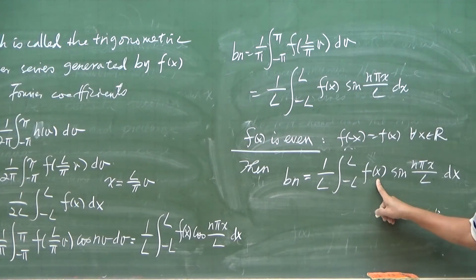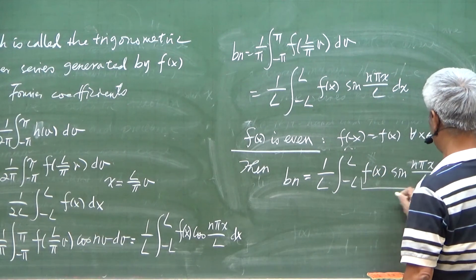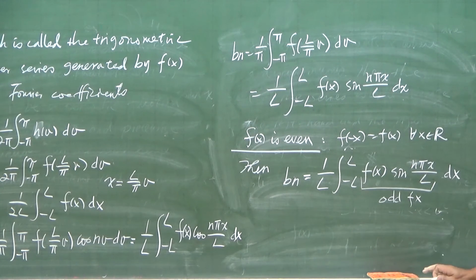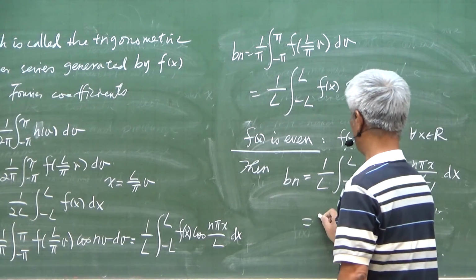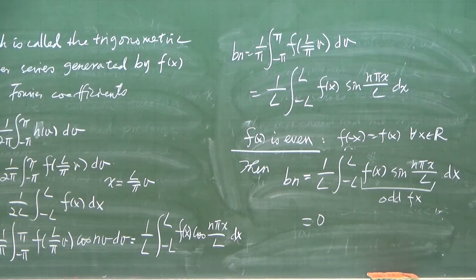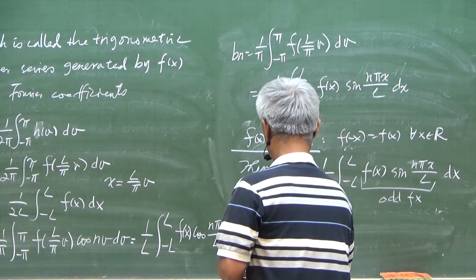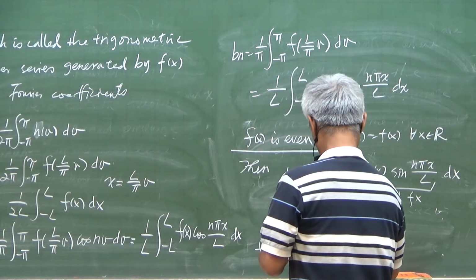Because f of x is even, sine is odd, so this is an odd function. When you integrate odd functions over a symmetric interval, this is equal to 0. So if f is an even function, then the Fourier representation becomes a0 plus the summation of an cosine terms.